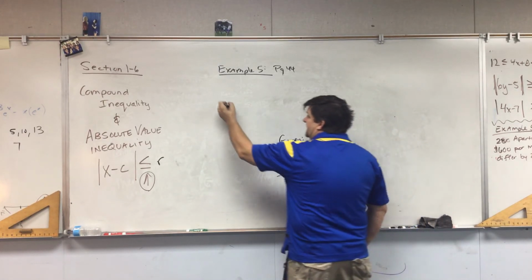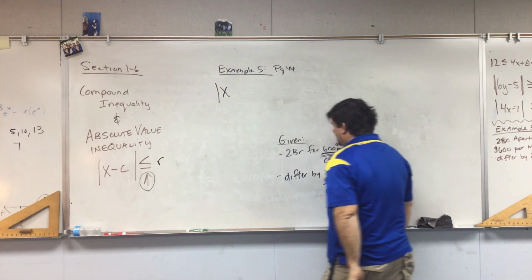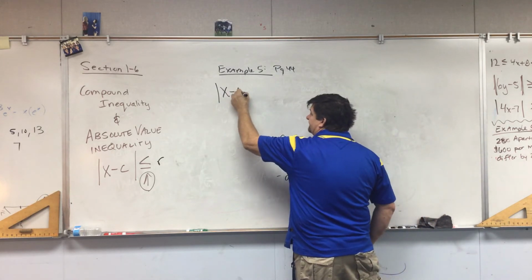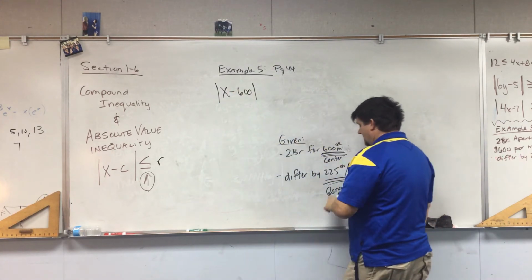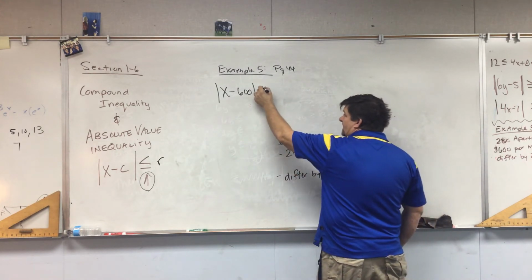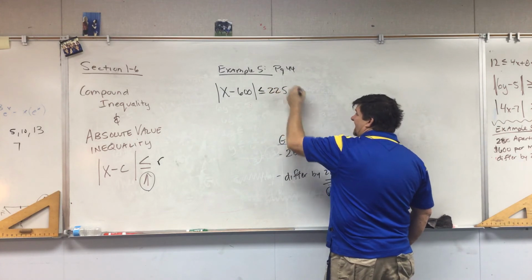So if I take this, I know that I have my equation here: x minus the center is going to be less than or equal to 225.